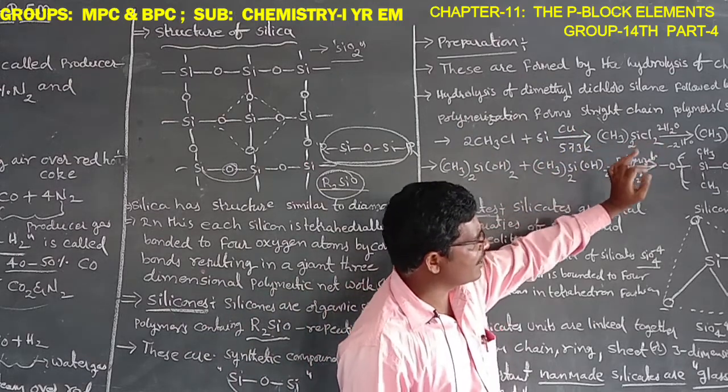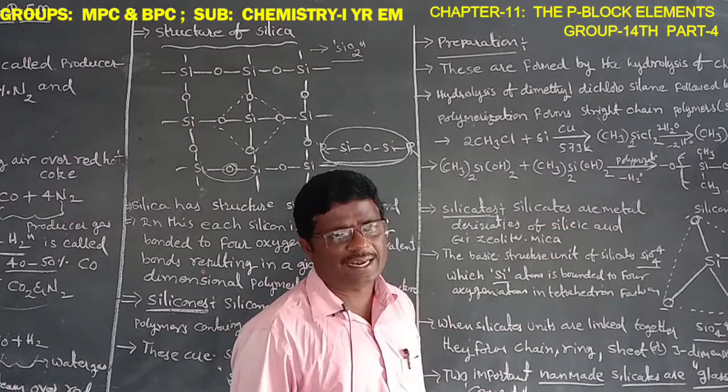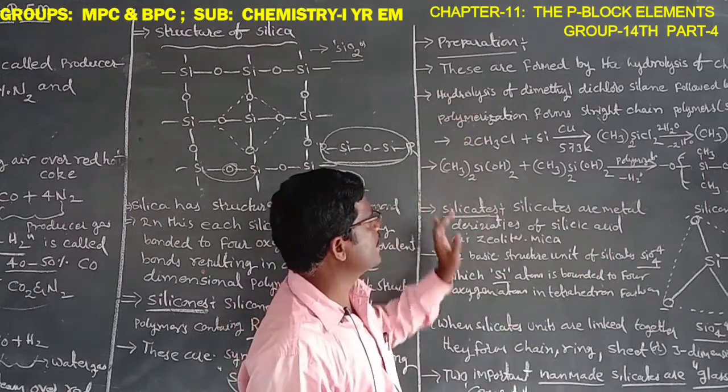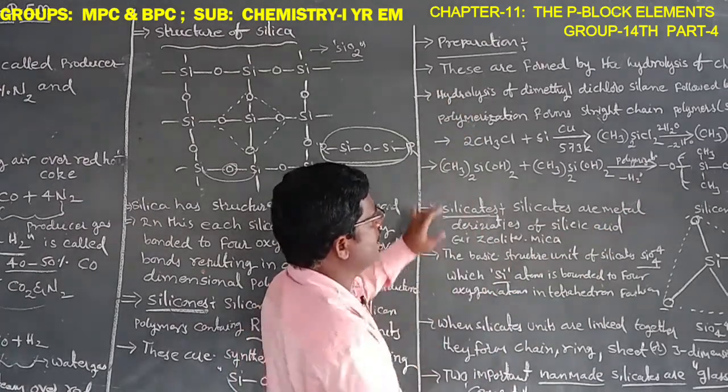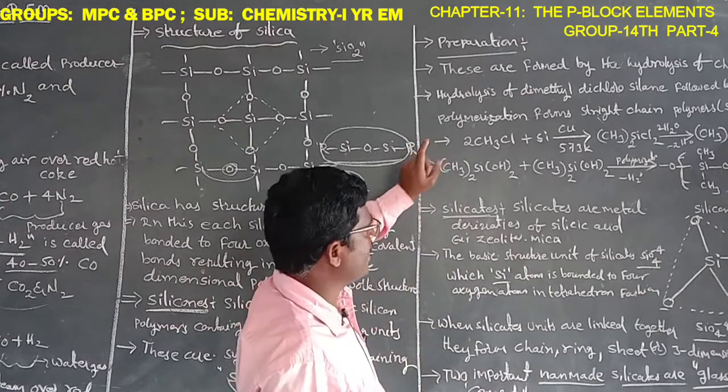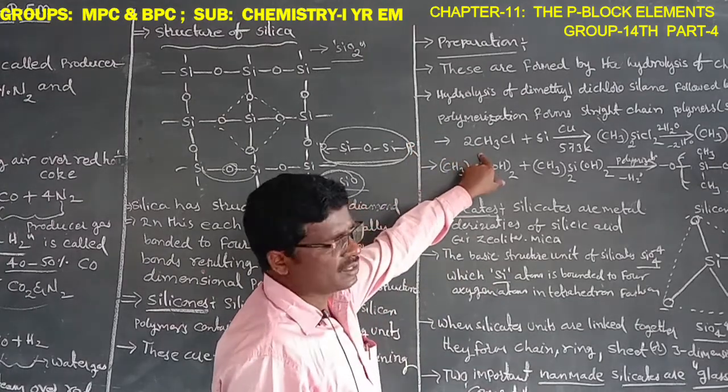Such polymers are called silicones. That is the preparation of silicones. Silicones are formed by the hydrolysis of chlorosilanes.